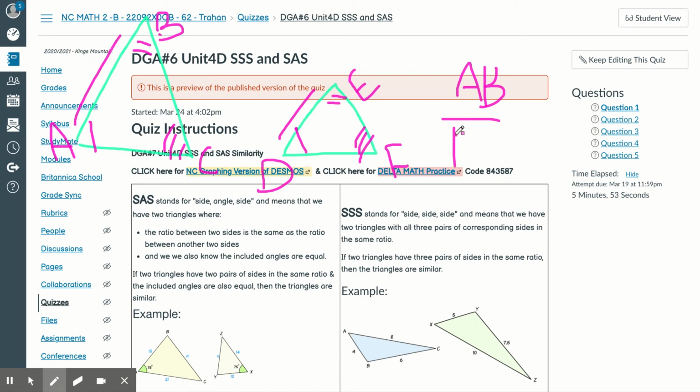So these correspond, which just means that they're in the same exact position in the two different triangles. BC corresponds with EF for the same reason, and then the other two correspond.